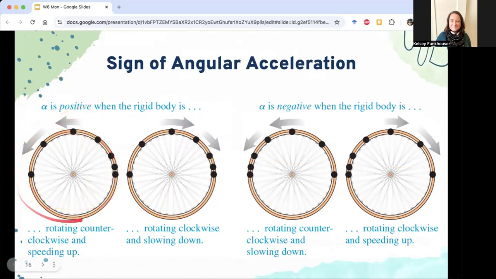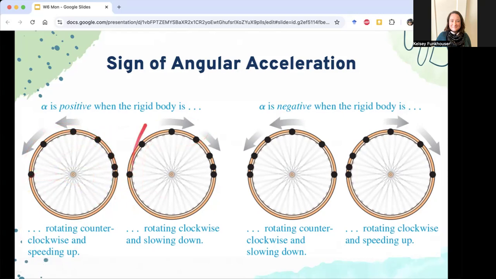So it looks like in this case, the angular velocity is positive, and we can even look at our particle diagram and see, okay, the spaces are getting further apart, so it's speeding up. So that means both angular velocity and angular acceleration are in the counterclockwise direction, making them both positive.